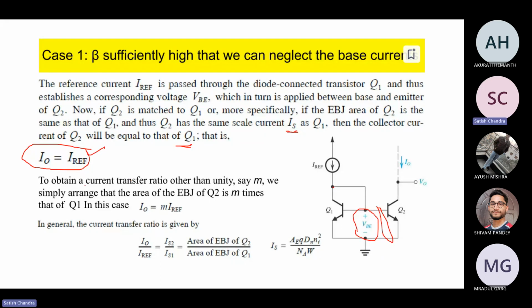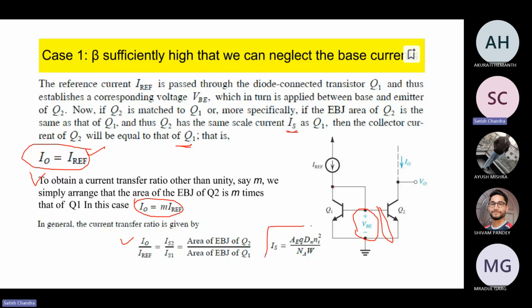And how can we achieve this mathematically? To obtain a current transfer ratio other than unity, say M, we simply arrange that the area of the emitter base junction of Q2 is M times that of Q1. In that case, we get a value like this. Mathematically, we can represent it as I0 by IREF equals IS2 by IS1. That is nothing but depending on the area of the emitter base junction of Q2 and Q1.